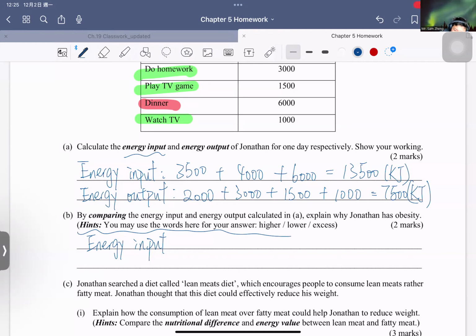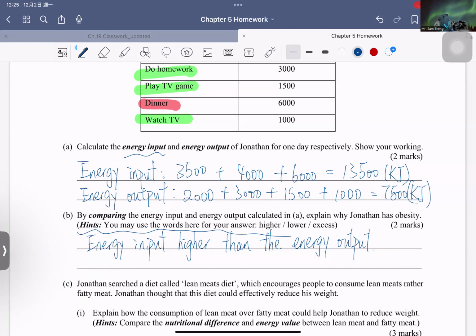So therefore, the energy input is larger, greater, or higher than the energy output. So then this excess energy will be accumulated, or we will say that this excess energy will be stored as fats in the body.